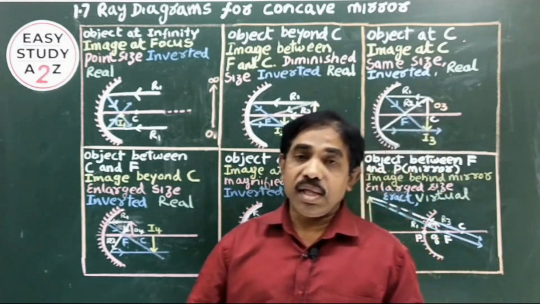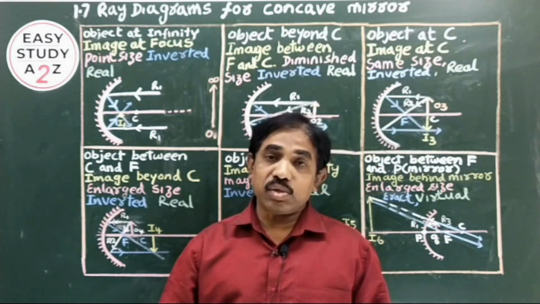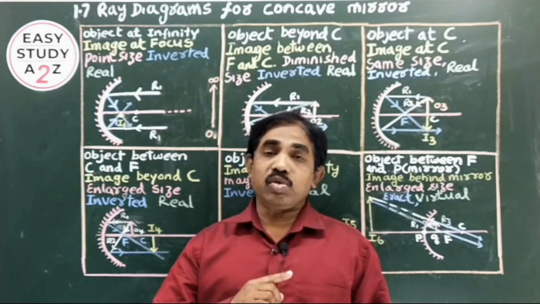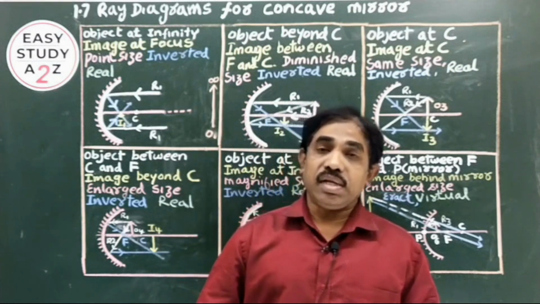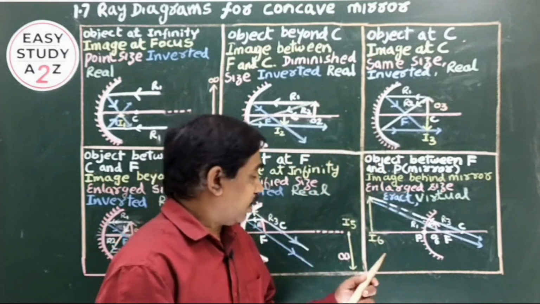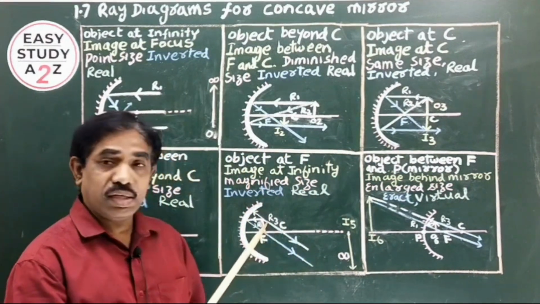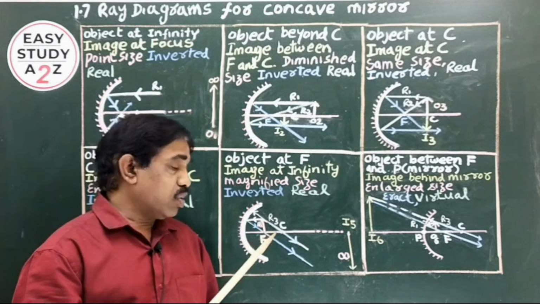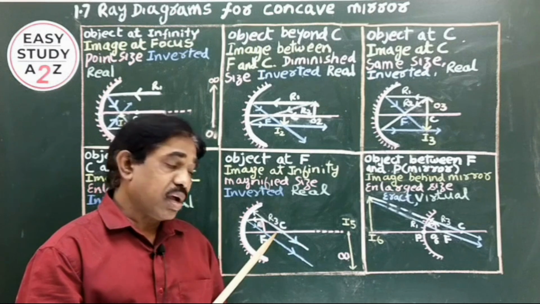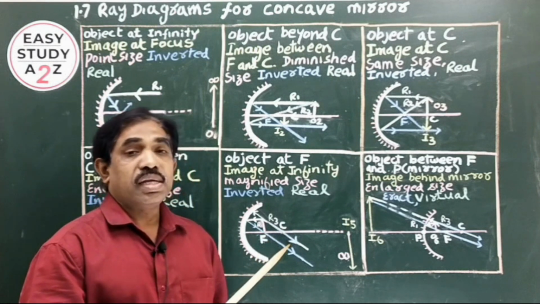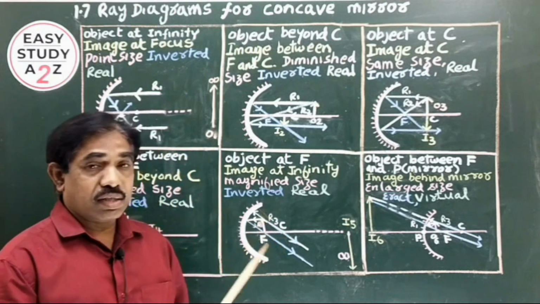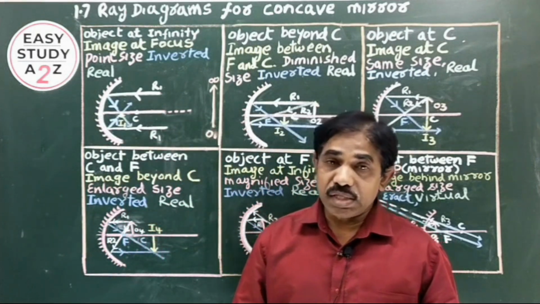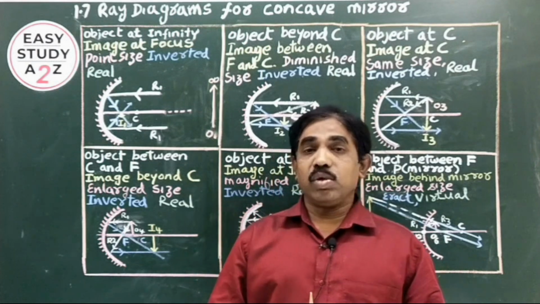The incident ray passes through the center of curvature, and after reflection it also passes through the center of curvature. This is R3. So we have 6 ray diagrams based on 3 rules.